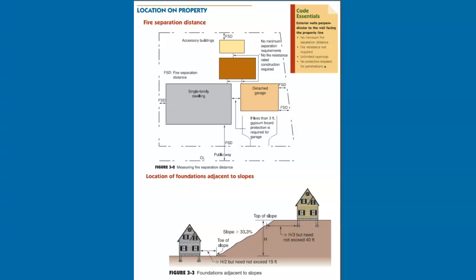Site preparation. Regulation of site preparation activities related to construction of buildings under the IRC varies based on geographic location and local or site-specific conditions. The code is basically concerned with two things: soil characteristics related to the support and stability of foundations, and grading to provide surface drainage away from foundations.